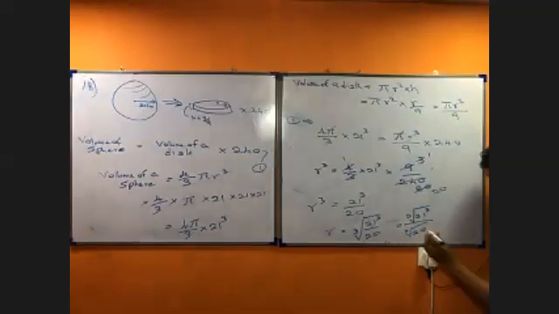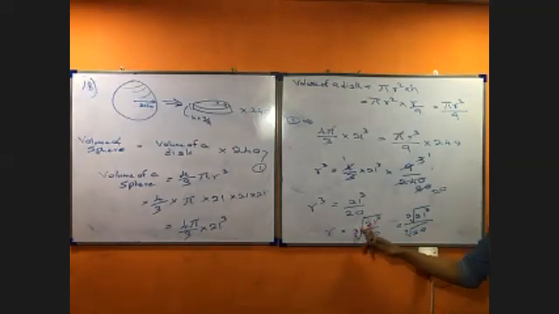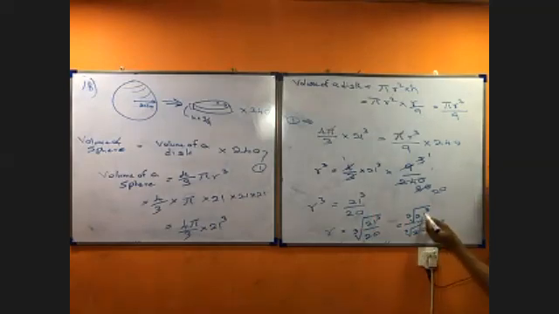Third root of the whole thing means third root of them separately. So third root of 21 cube means 21, divided by third root of 20. Check your question. This is what they have asked us to show. Done. So first part is done.